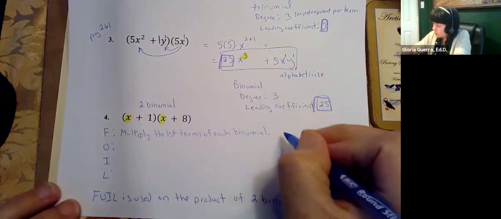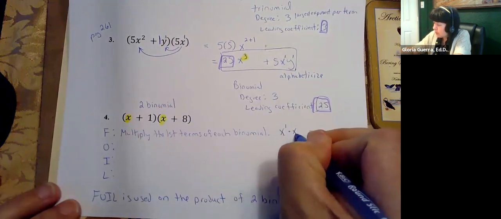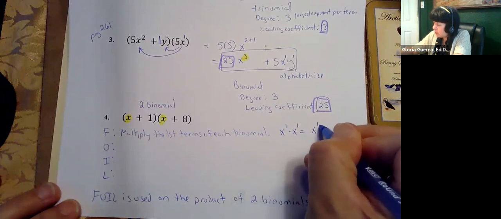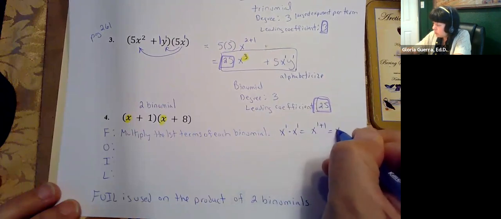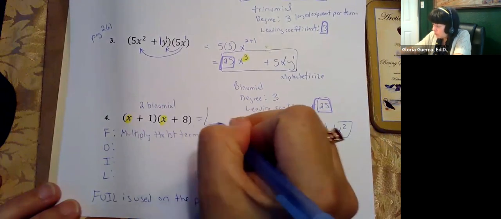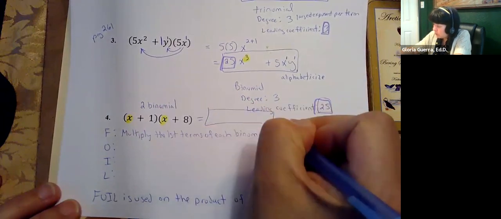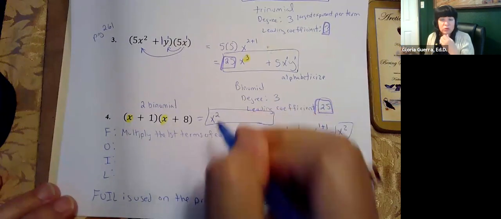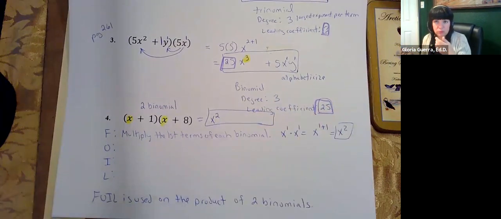So x to the first power times x to the first power is x to the 1 plus 1, which is x squared. And that's part of your answer here, the first of 3 terms, x squared.